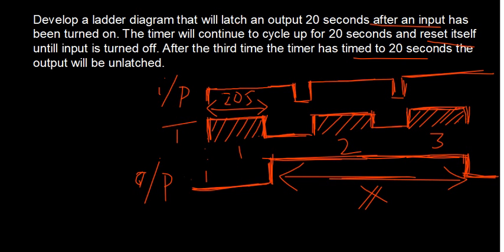Now I will rub these things off, that is the timing diagrams, and you should be able to draw the ladder diagram for this particular case. So let me wipe off these things so that I can draw the ladder diagram. Now let us start drawing. Let me have the power rails like this.